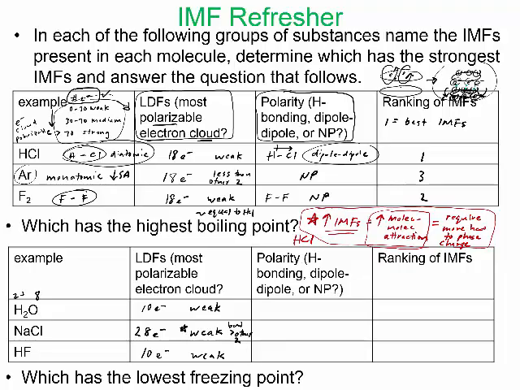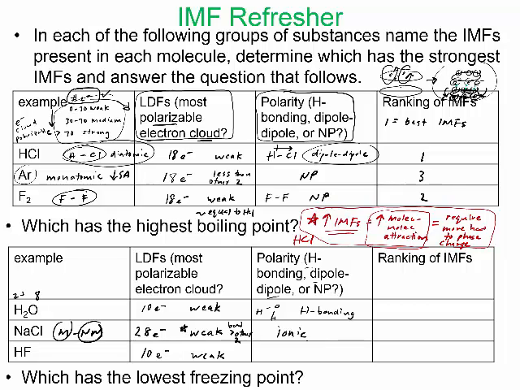Okay, so as far as polarity, H2O, we know this does hydrogen bonding. And NaCl, let's think a little bit here. It says put H bonding, dipole-dipole, or nonpolar. This is better than H bonding or dipole-dipole. You know why? This is metal to non-metal, so this is ionic.